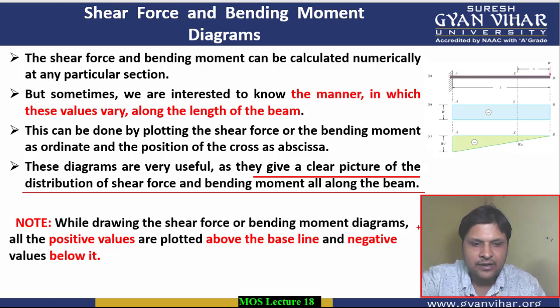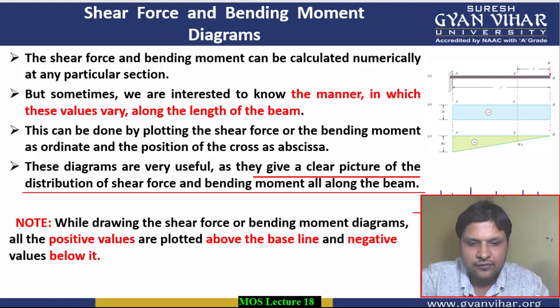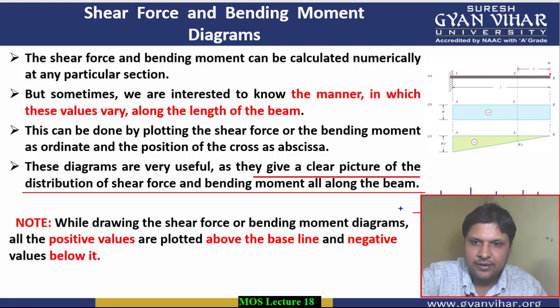Whenever we draw a shear force or bending moment diagram, if this red horizontal line shows the position of different cross sections, here, here, here, then wherever we have to show a positive value of shear force or bending moment, we will show it above this line, and the negative values we will show below this line. This line is known as the baseline.